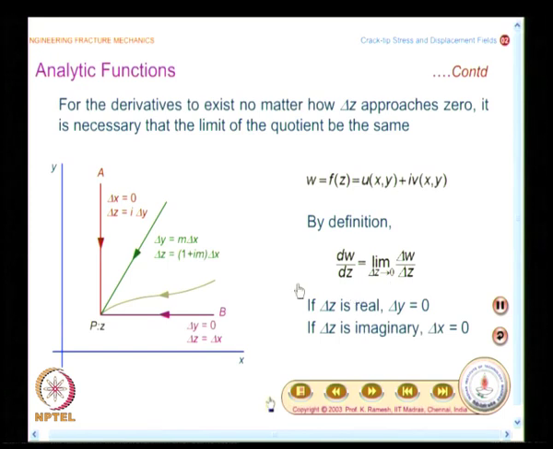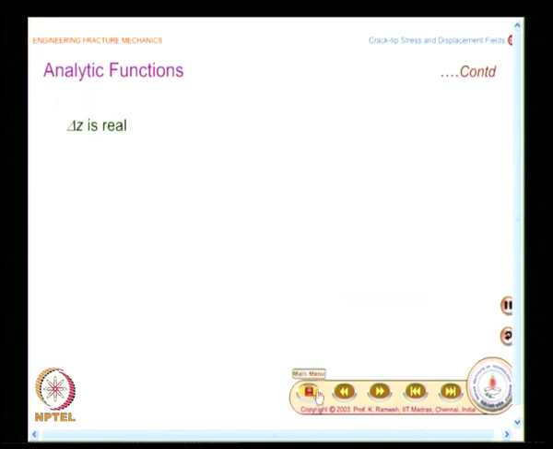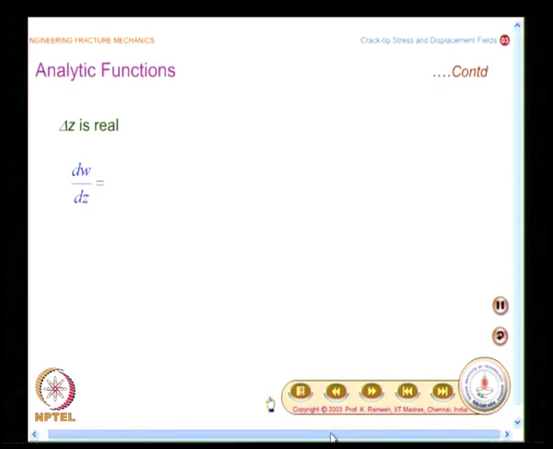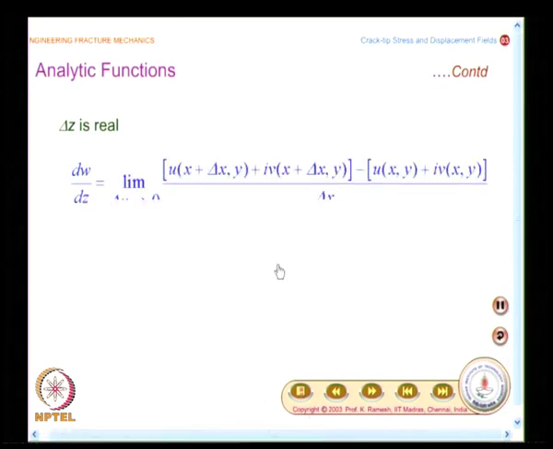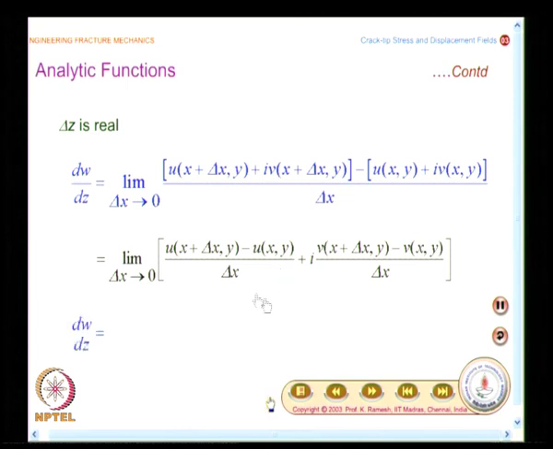And in the last class, we took up two cases. One is when delta z is real, and we grouped the terms appropriately, and we found dw by dz equal to dou u by dou x plus i dou v by dou x.